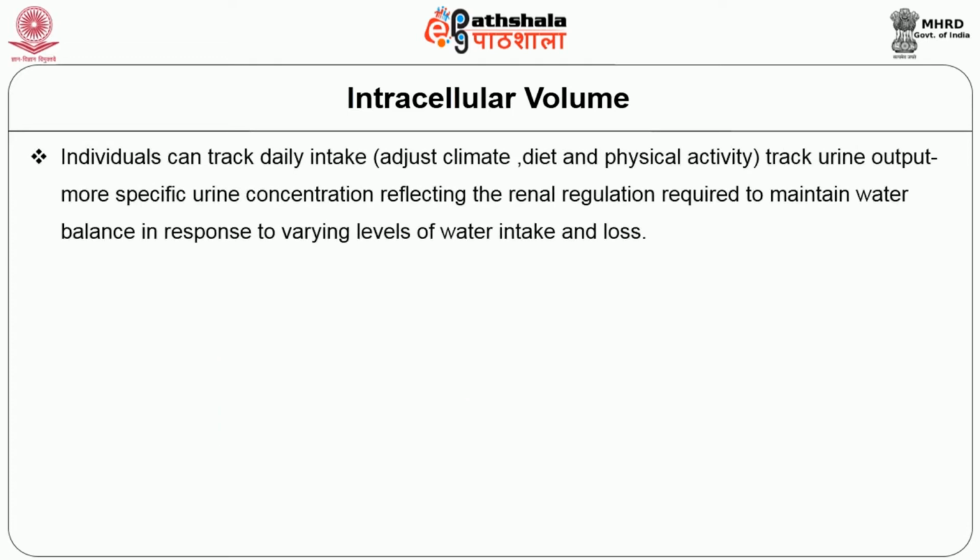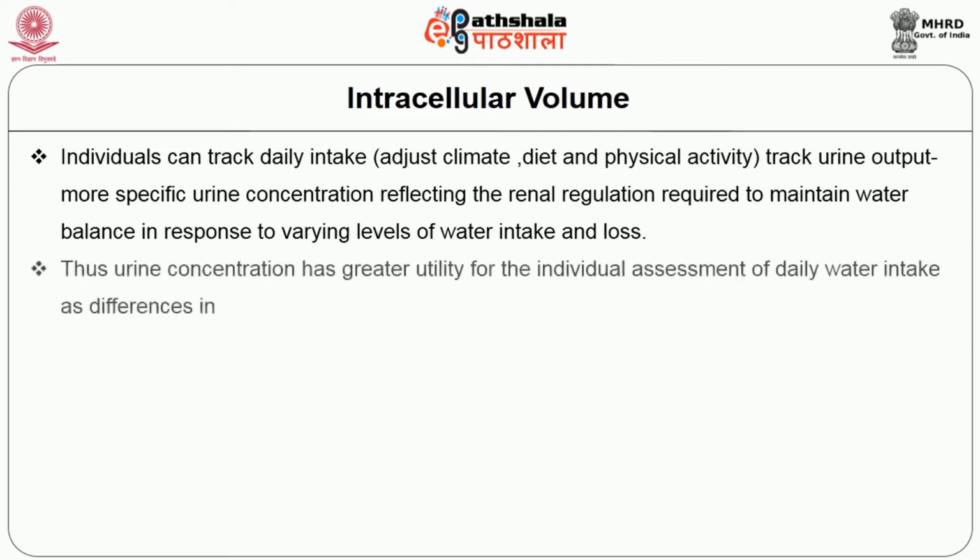Individuals can track daily intake, adjusting to the climate, diet and physical activity, and track the urine output, more specifically urine concentration, reflecting the renal regulation required to maintain water balance in response to varying levels of water intake and loss.